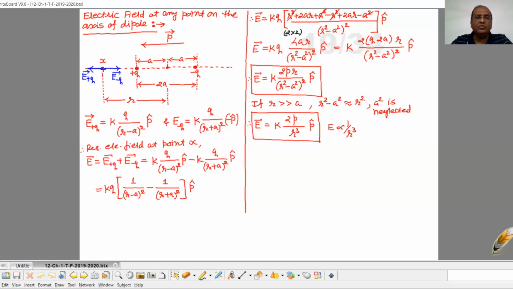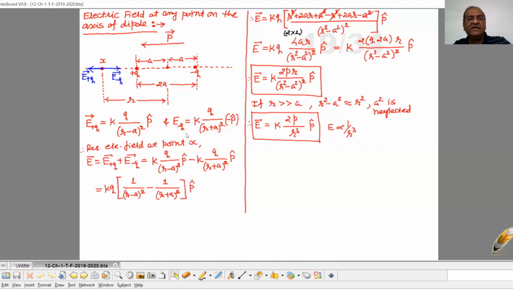So plus q to this point X is at a distance (r minus a) whole square, we can write. And see, the direction of E plus q is in the direction of the dipole moment. So here multiply this by p caret, which is the unit vector in the direction of the dipole moment. So this one is now in vector form.